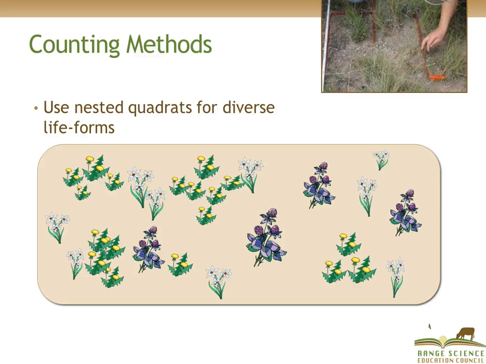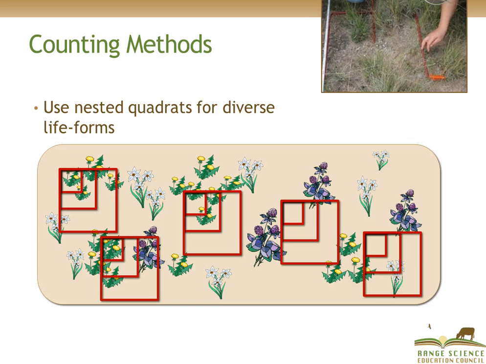And finally, sometimes we are interested in estimating the density of diverse life forms, so multiple species that have different sizes of individuals, or they may have different dispersion patterns. And in this case, we use nested quadrats. With nested quadrats, you have a smaller quadrat that is embedded inside larger quadrats.